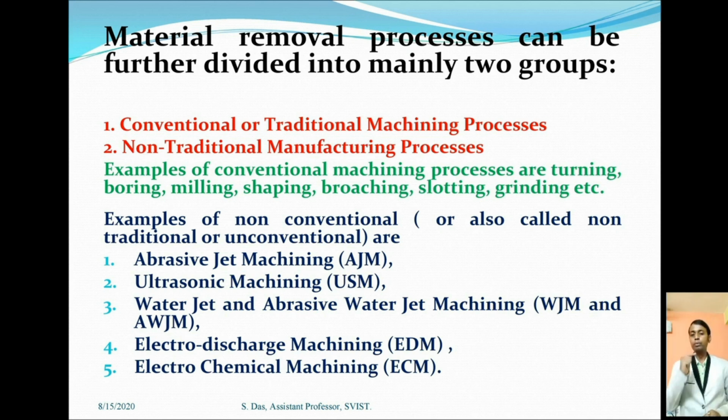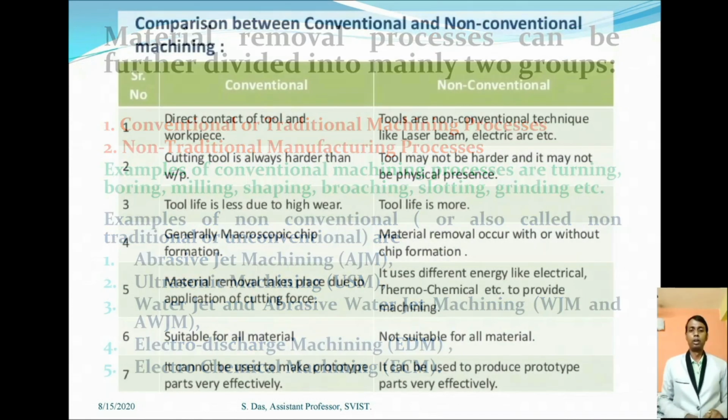Material is removed with the help of some energy sources. And here we also see that the tool material is always less hard than the workpiece material.